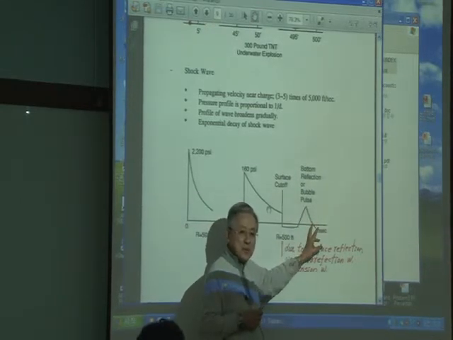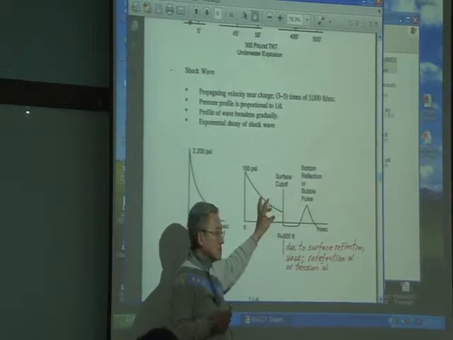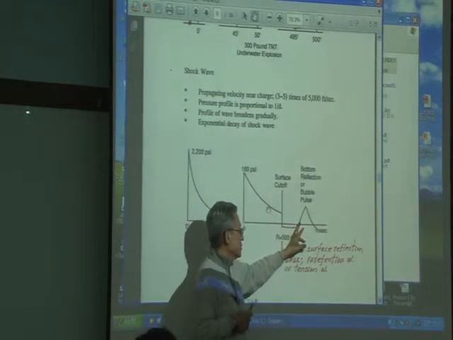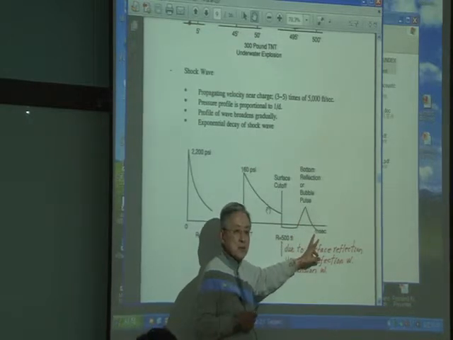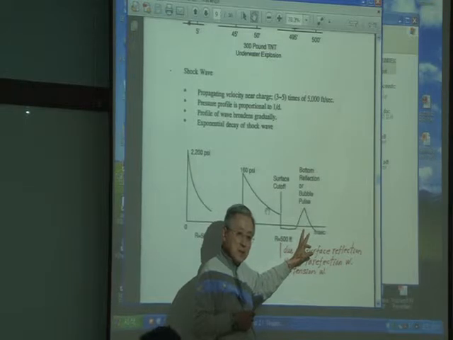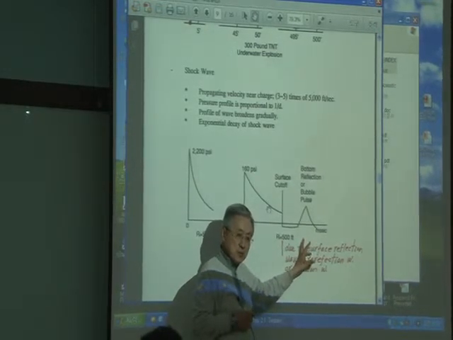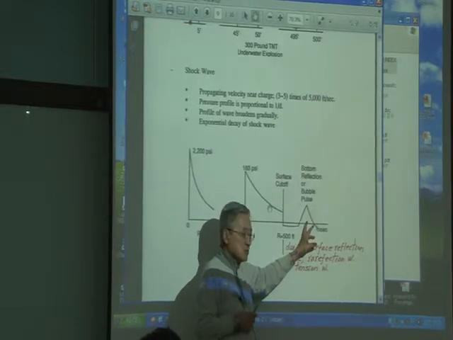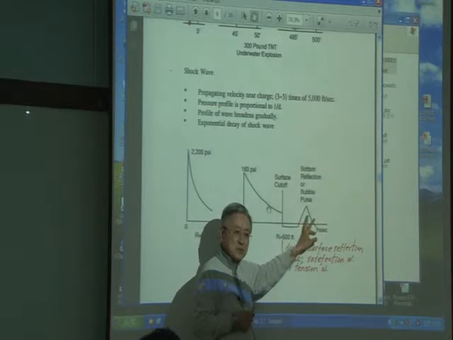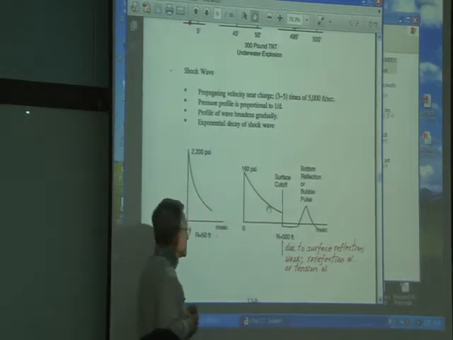Slightly higher peak, but much less than the original pressure peak, but this is widened up a little bit. So when you talk about the impulse, which is the area under this pressure curve, maybe this may not be negligible, because the impulse is the measure of the damage.